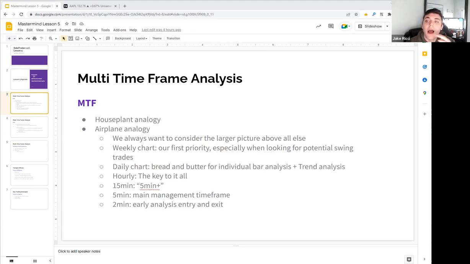While it's applicable to all different time frames, the daily for me captures enough data that I'm able to really take a good look at an individual bar and look at what could come next from a bar perspective, as well as trend analysis. The trend analysis on the daily is going to be very key for daily buy setups, right? Daily sell setups are going to offer us a lot of opportunities to catch large intraday moves.